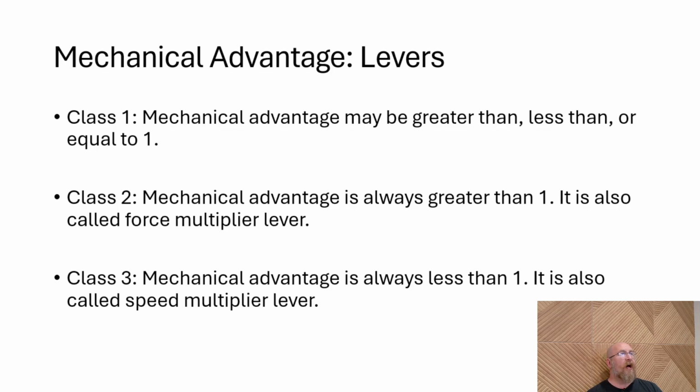And a class 3, because you're applying effort in the middle, the mechanical advantage is always less than 1. It is also called a speed multiplier lever. So each one of these is a little different as far as what it allows you to do with mechanical advantage.